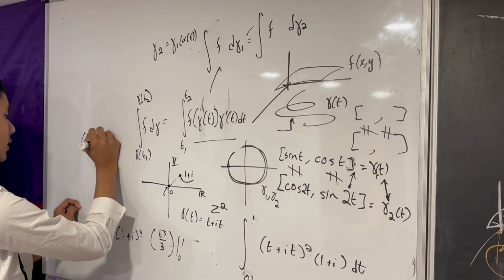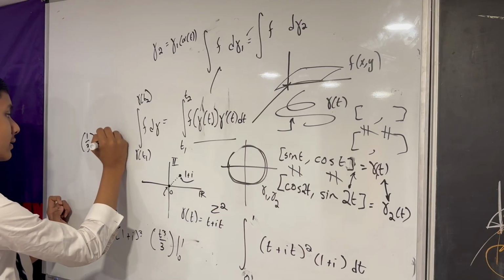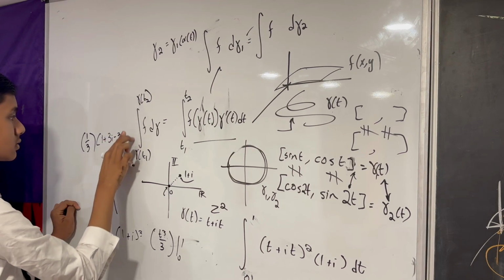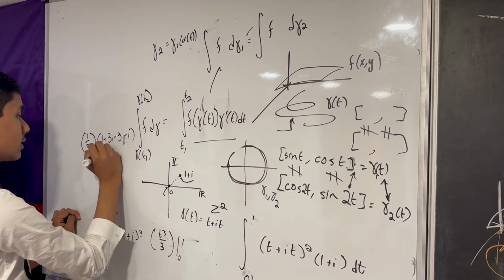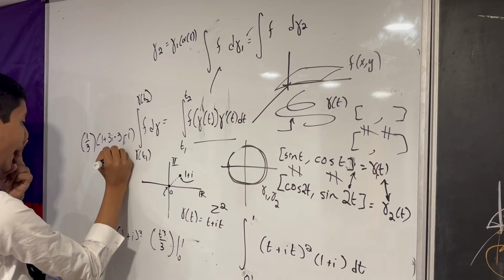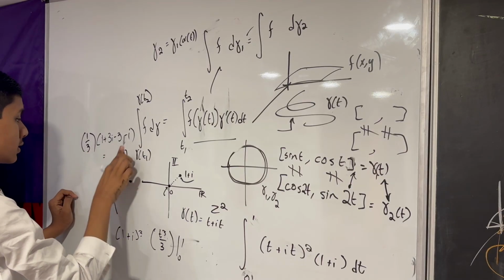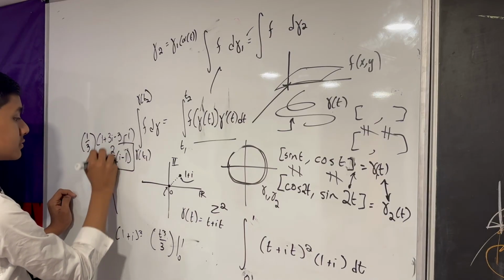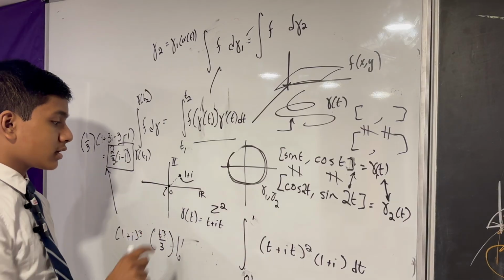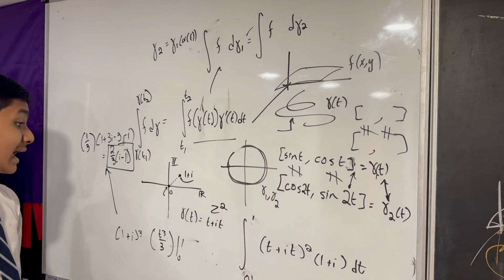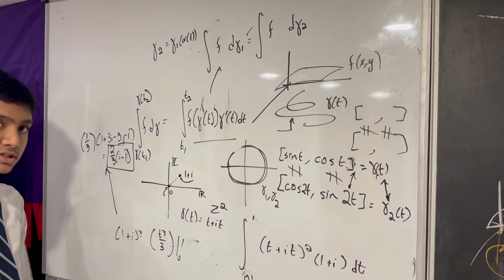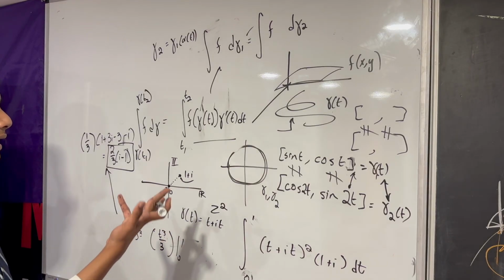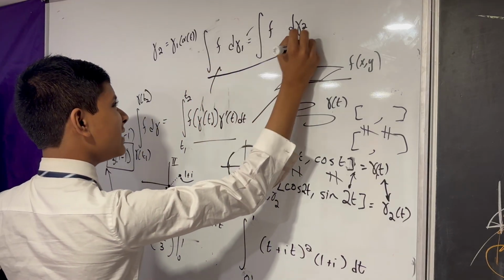Well, it's 1 plus 3i minus 3 minus i, which gives you 2i minus 2, or 2/3 times i minus 1. There we go. That's the integral of z squared over this line. As you can see, it gave us a complex result, and it actually didn't even take that long. It was pretty simple. So now, how do we know that this is path independent?